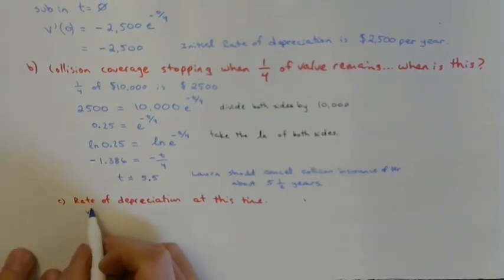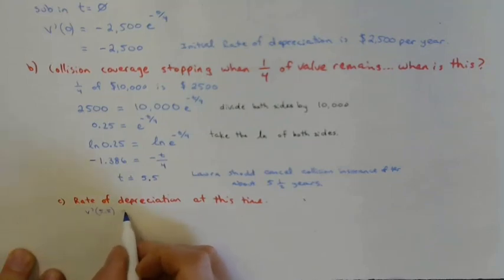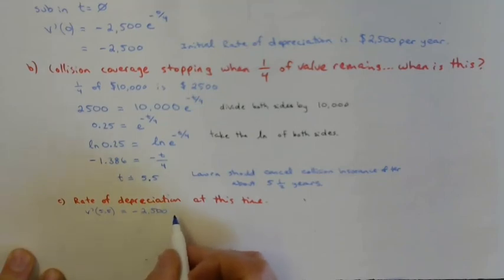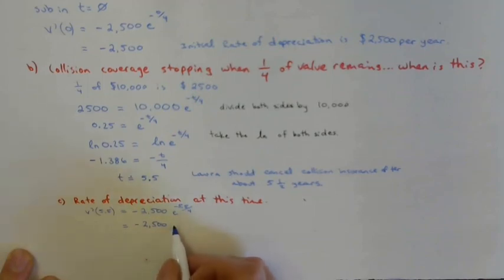So V prime at 5.5 is equal to negative 2,500 times e to the power of negative 5.5 over 4. You can probably carefully type it into your calculator just like that, or you can do it piece by piece.